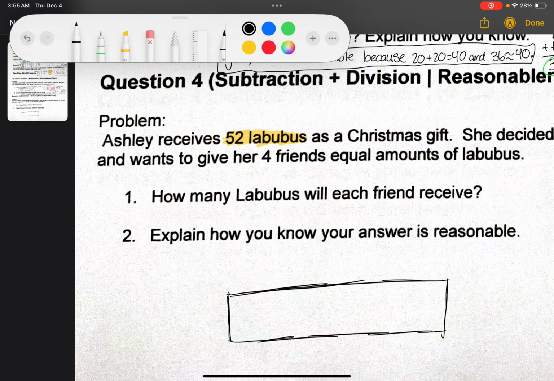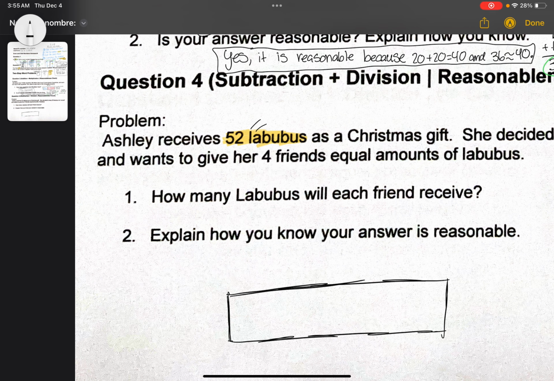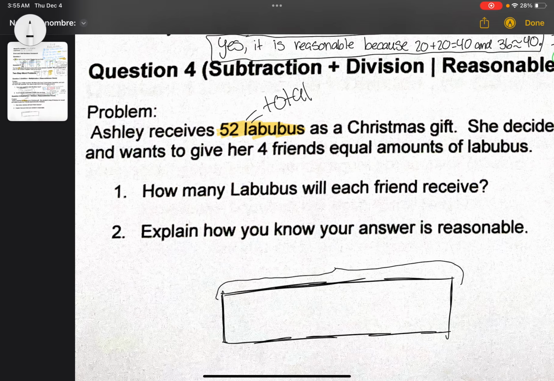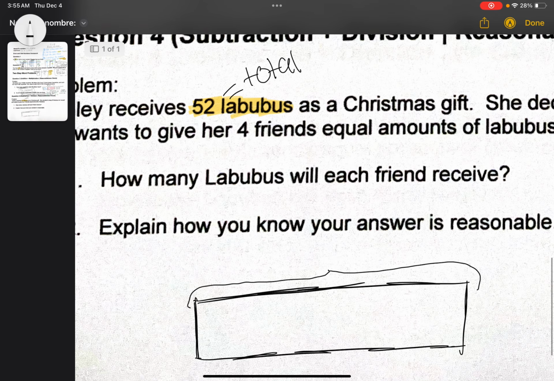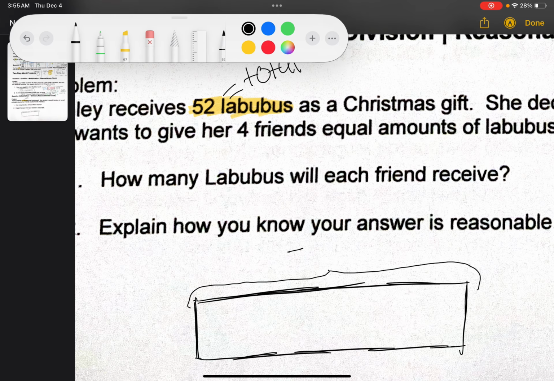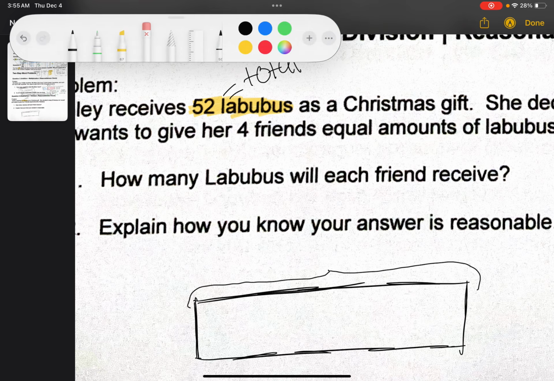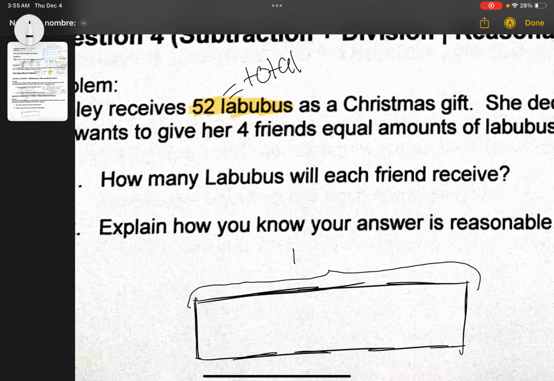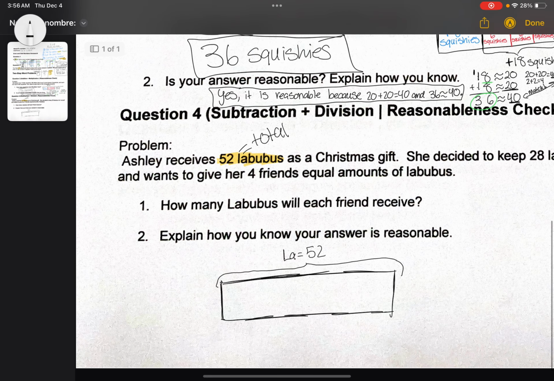So, the Labubus here are a total. It's all the Labubus she got. So that means we're going to make our bracket, our hat for our strip diagram. Now I want you guys to write La for Labubu. And we're going to write the number 52 because that's how many Labubus Ashley started off with.